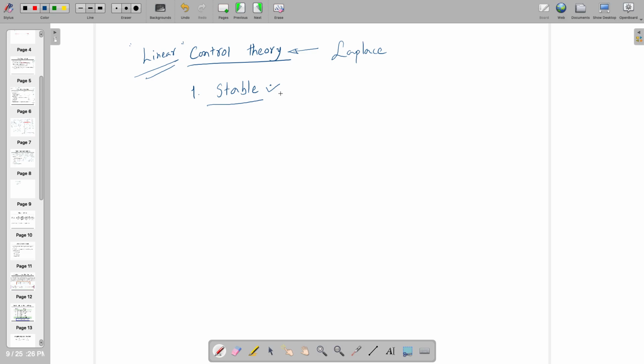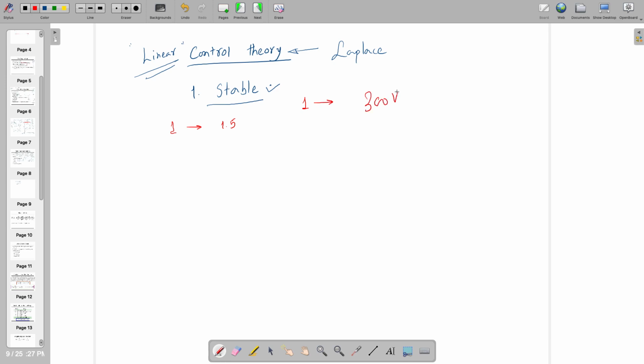So now the next question is, what do you mean by stability, by the way? If the system is stable or not? If you give a finite input, the output should be finite. Okay. So if I give 1 volt, the output is 1.5 volt, or 1 volt input and the output is 300 volt.